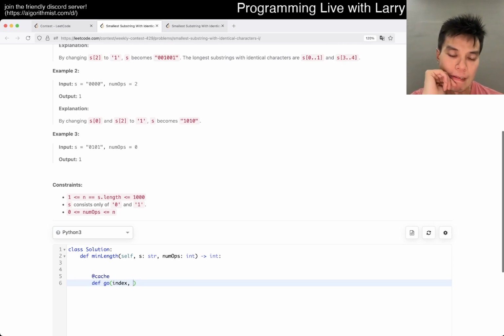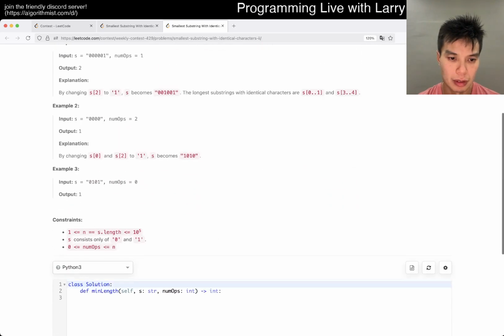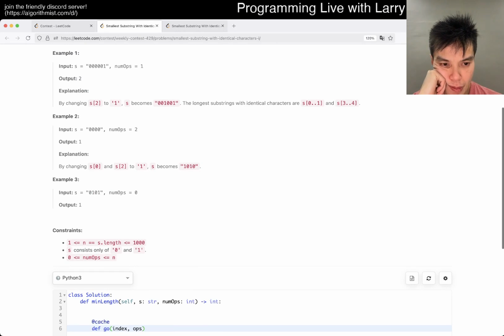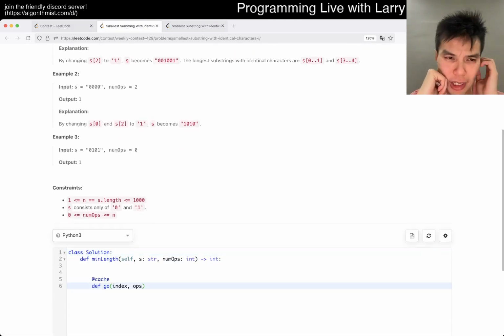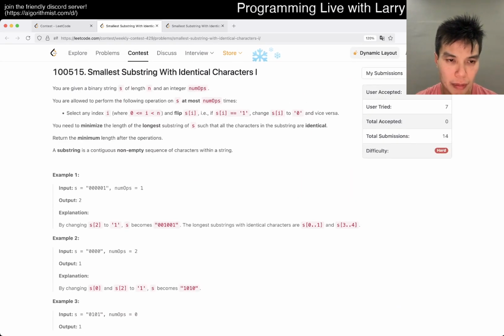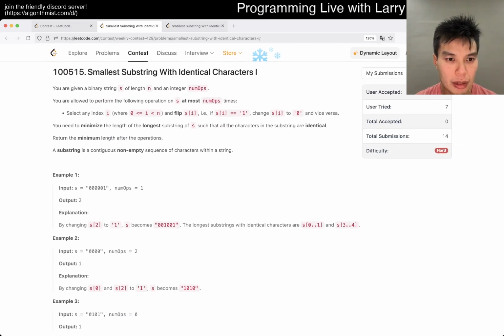No, that's too crazy. Index and nums ops. No one's gotten it yet. That's not binary search, I don't think. Could be wrong. It said that was binary search of some crazy thing. It feels like binary search though, but maybe there's a lot of nuance to it. But it's not DP either. Is it? Could be, right?